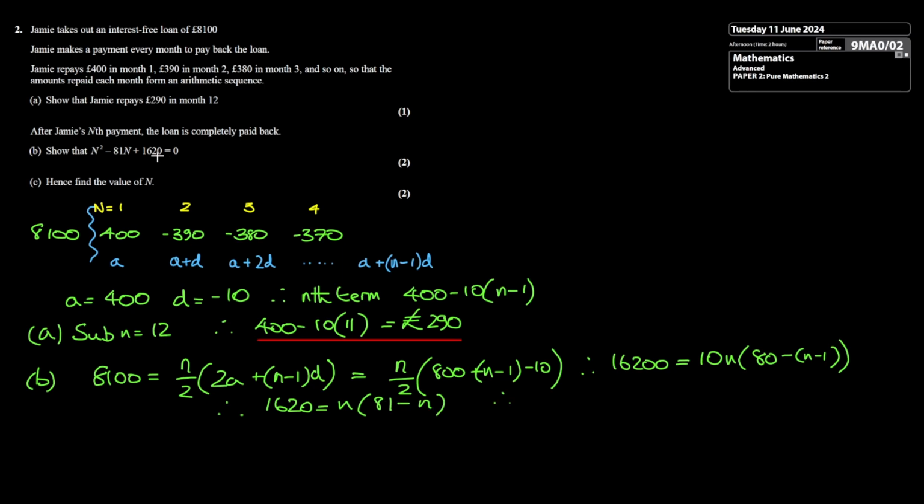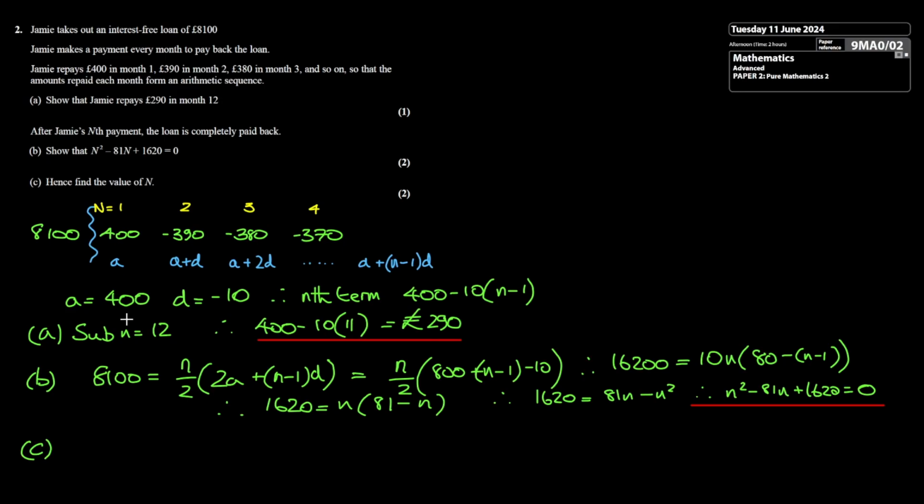So therefore you can see that we're forming the equation we need. This is 1620 is equal to 81n minus n squared. And if we rearrange our terms, we will indeed get the same quadratic that the question suggests: n squared minus 81n plus 1620 is equal to 0. The end of part B.